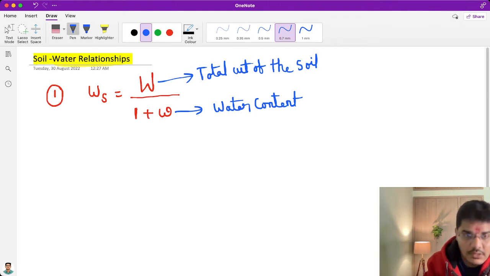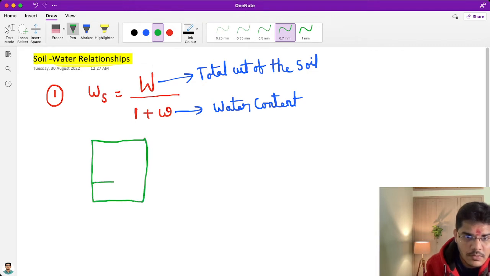So let us draw the three phase diagram. If you see, this is air, this is water, this is solids, that means soil solids.